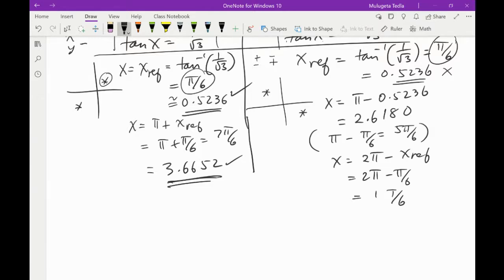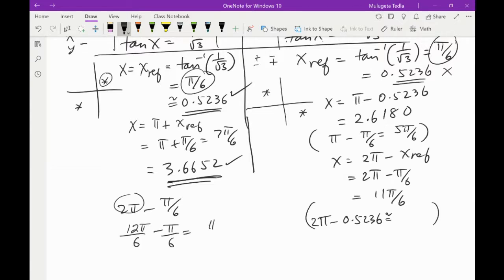So 2 pi minus pi by 6. I want it over 6, so 2 pi is 12 pi over 6, minus pi over 6.